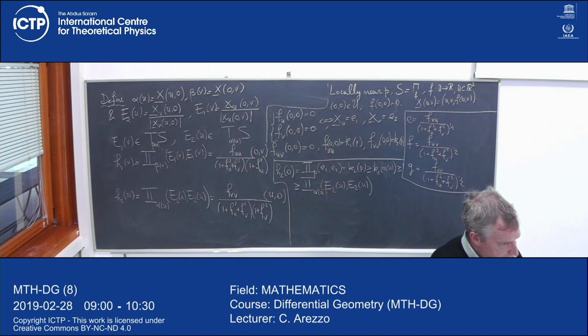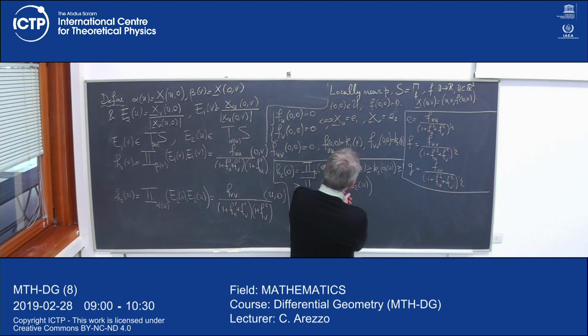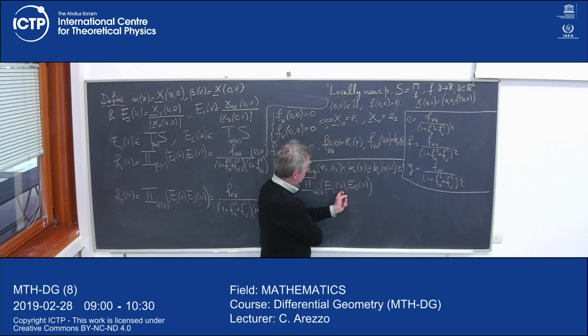The biggest eigenvalue dominates the whole map. I don't know whether this is an eigenvector at the point u. The important thing is that you understand what is the problem. These are vectors in the tangent space at alpha of u. At alpha of u, I don't know which are the principal directions.